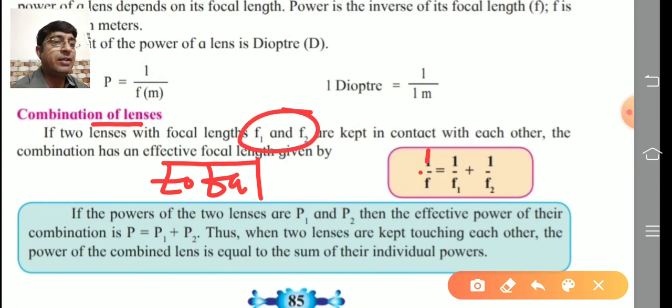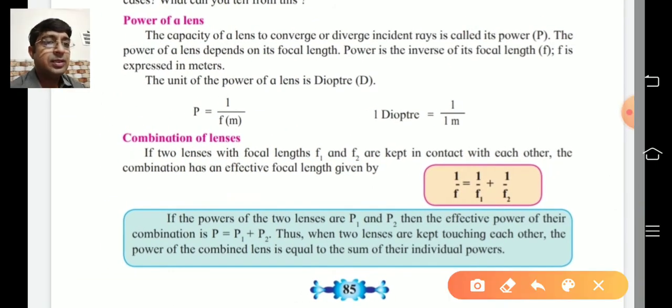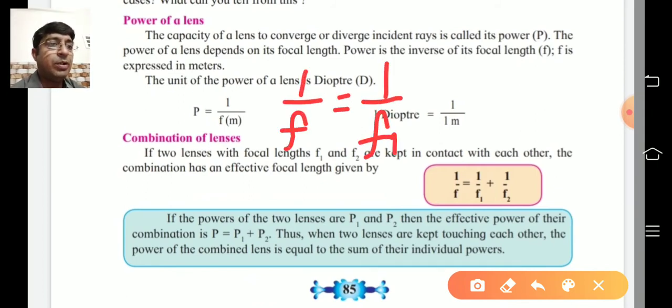So 1 upon f is equal to 1 upon f1 plus 1 upon f2.